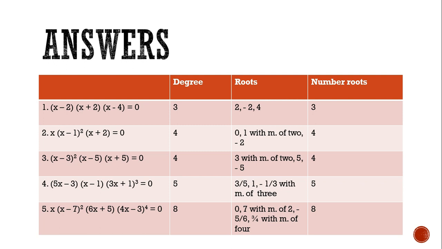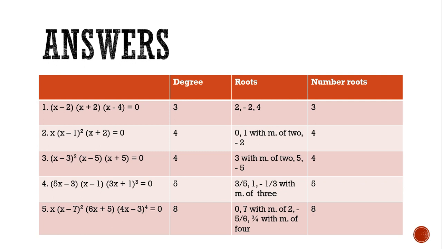Number 3, it has a degree of 4, the roots are 3 with a multiplicity of 2, 5, and -5. The total number of roots is 4. Number 4, the degree is 5. The roots are 3/5, 1, and -1 with a multiplicity of 3. And the total number of roots is 5.